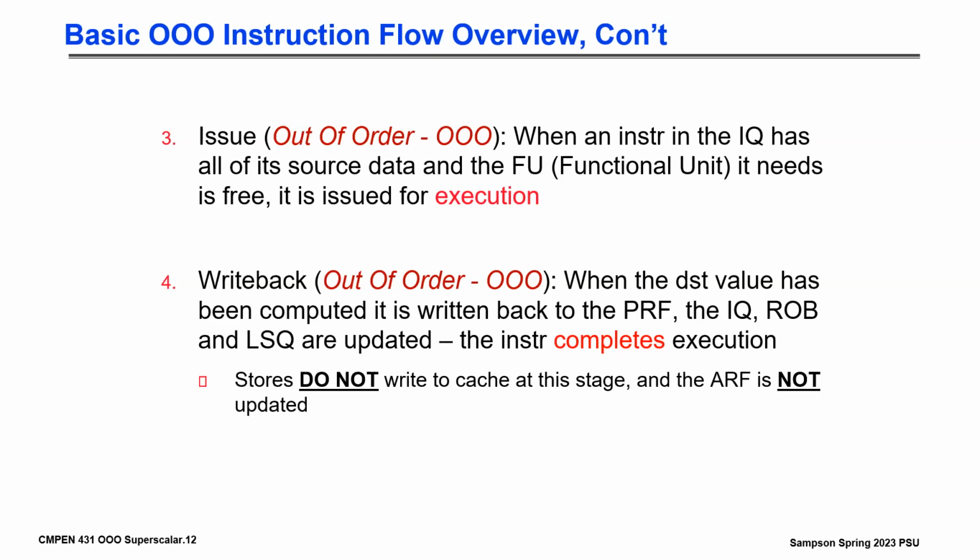Now, importantly, stores do not, cannot, must not, right, transmit their value to the cache at this stage. Right? We cannot update visible state. Write back is only updating internal state. So a store can go into the store buffer, right, when it's ready. A physical register file will get updated, right? But the architectural register file, the valid version, cannot yet.